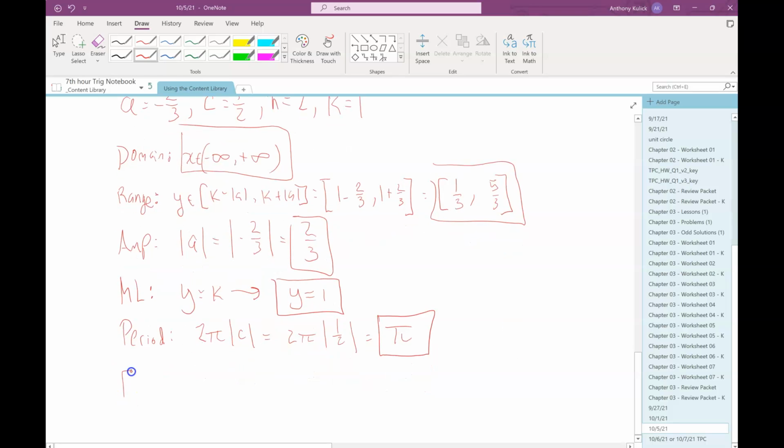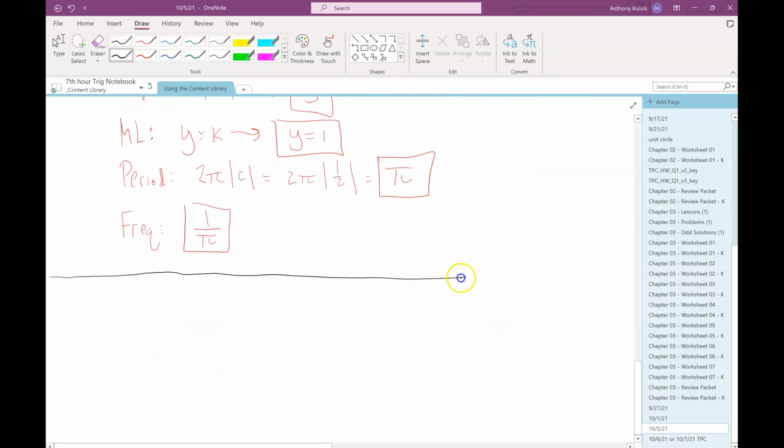And the frequency is always just the reciprocal of the period, so 1/pi. Happy with that stuff? Bueno. Again, all I'm really doing is using the information from the table to compute these things, right? Okay.